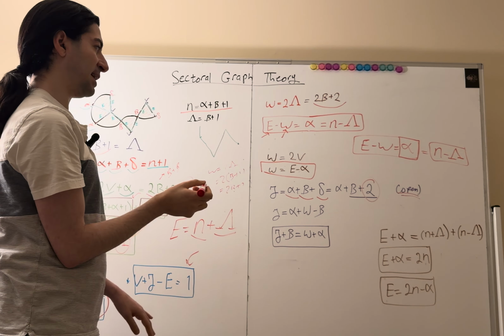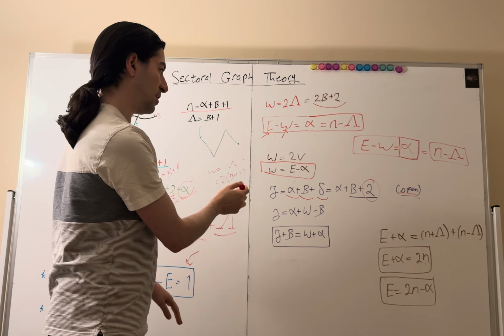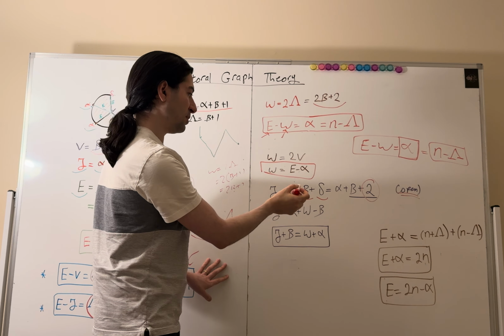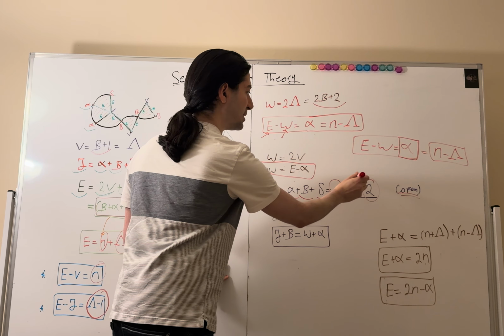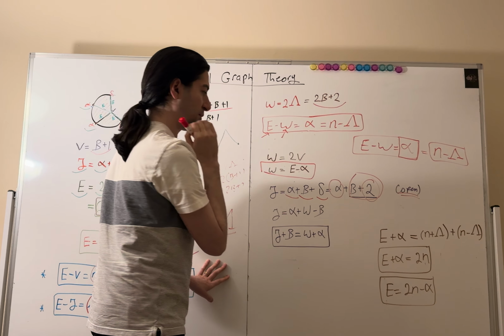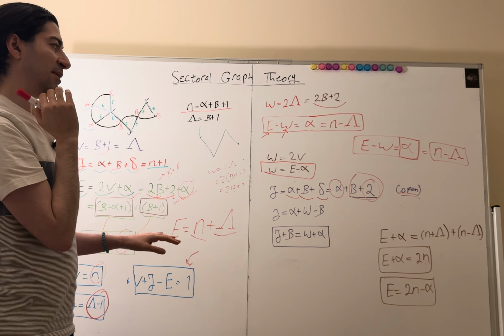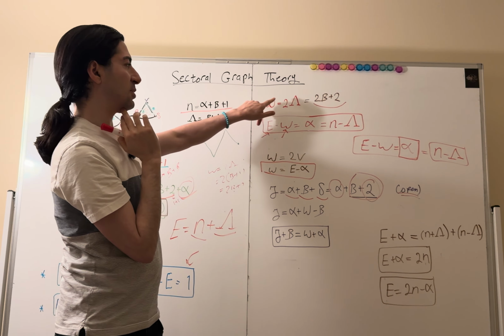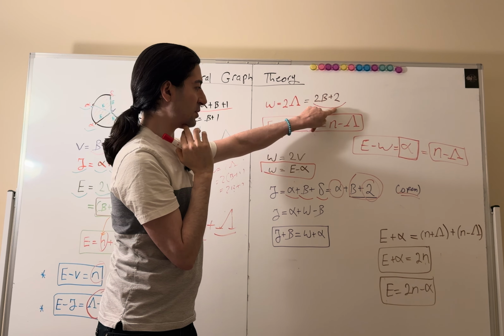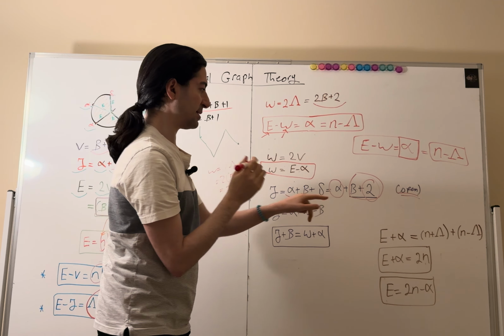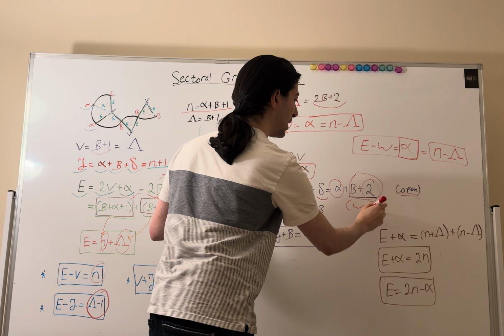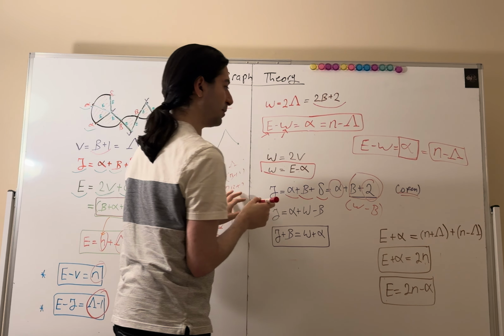So we can say that J is equal to alpha plus beta plus 2. However, we know that the walk is equal to 2 beta plus 2. So we can write this as the walk minus a single beta.